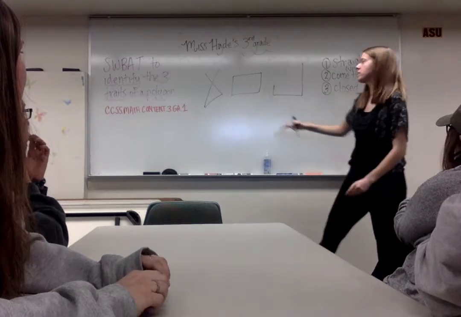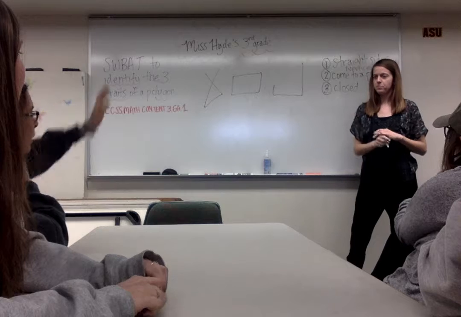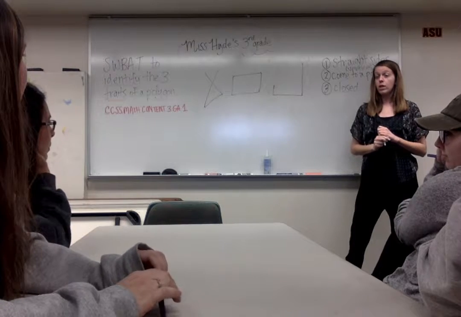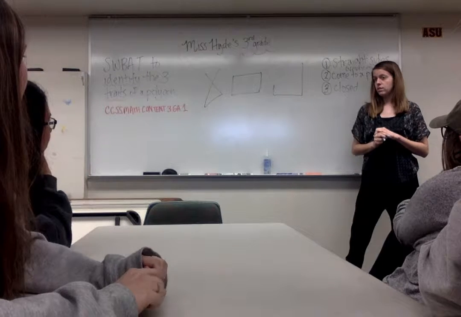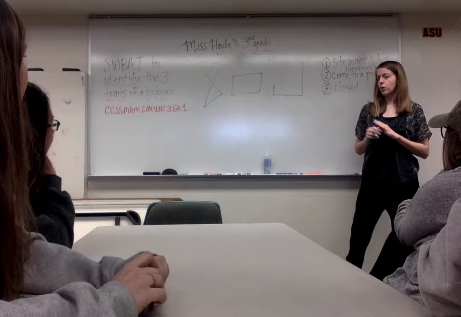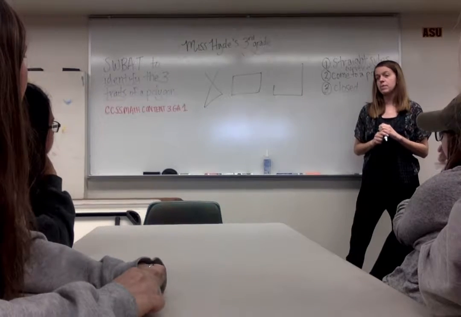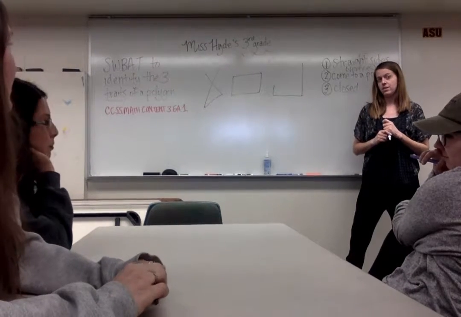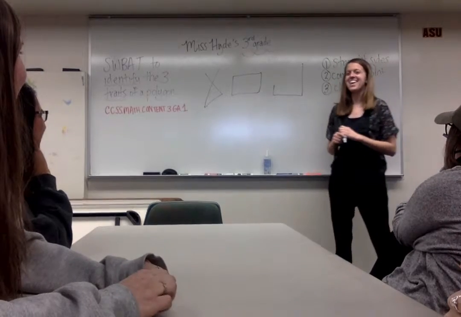So raise your hand if you can tell me if this is a polygon or not. Why not? Because there's a thing open at the top of the triangle. And what else? We didn't cover this trait, but I want to see if you can notice. What's one other trait that makes it not a polygon? The lines cross. Thank you, Paula.